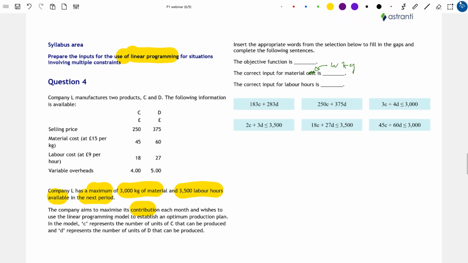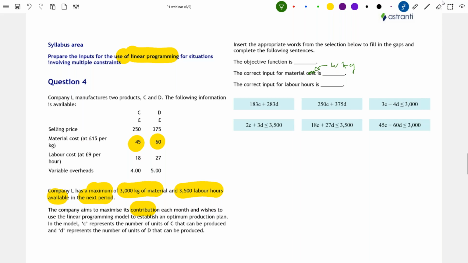So I'll explain what this means now. Given that the material cost for C is £45 and for D it is £60, and because the materials are valued at £15 per kilogram, we can deduce how much material is required for producing each unit of these products.